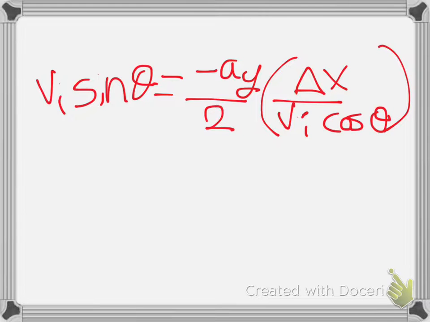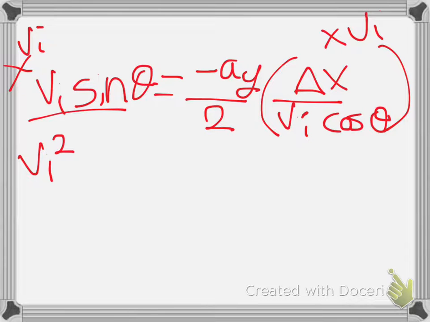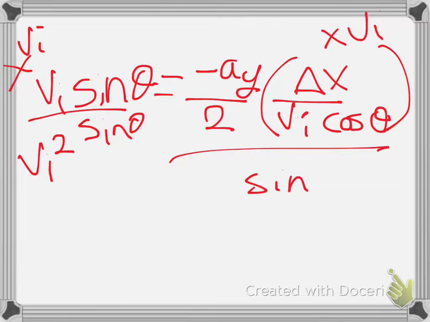Okay. And then, so if we divide this side by velocity initial, or not divide, sorry, multiply, because it's on the bottom of that fraction. We multiply this side by velocity initial, then we also have to multiply this side by velocity initial, which is where we get the velocity initial squared, and then we have to divide this side by the sine of theta, so we also have to divide this side by the sine of theta.